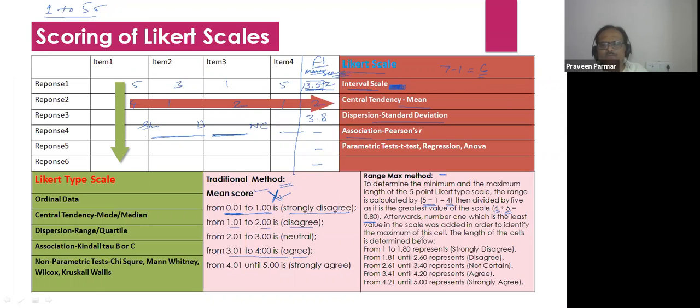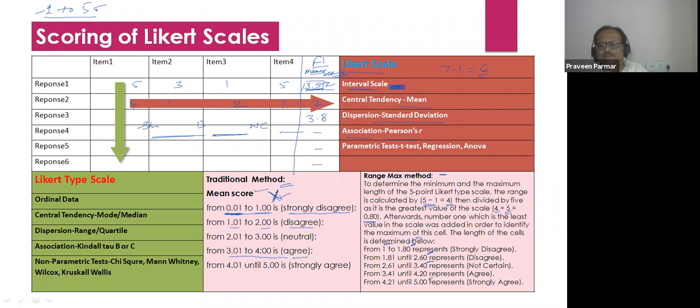So what we do is put the lower limit 1, where it will start, and add 0.80 to get the upper limit of that class. So it is 1 to 1.80. The next will start from 1.81, and we again add 0.80 to get the next upper limit. Then again we add 0.80 and get the next.